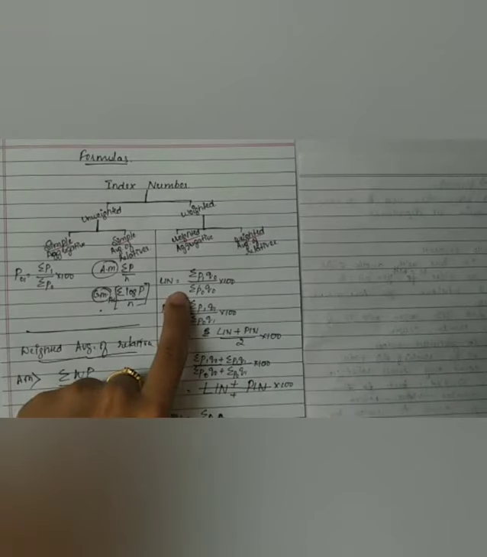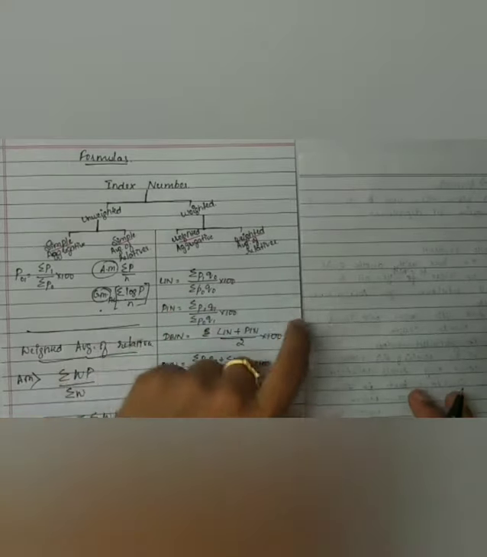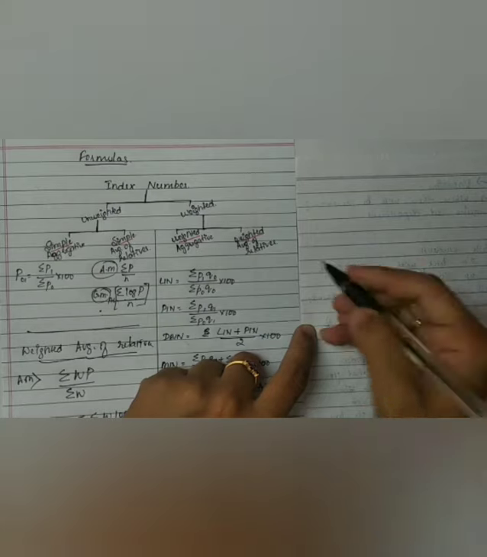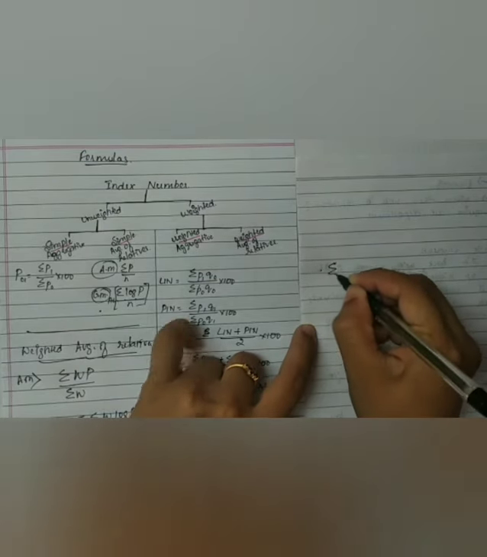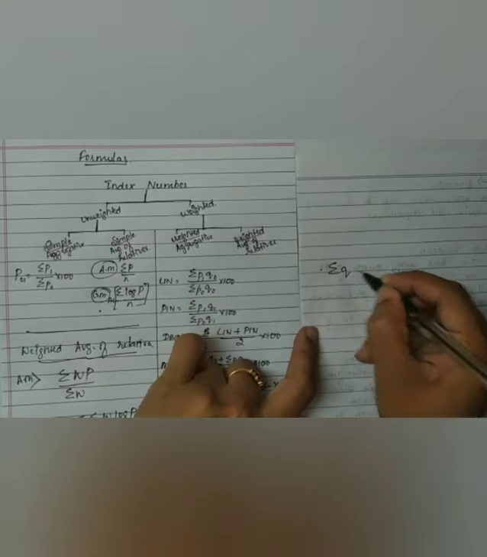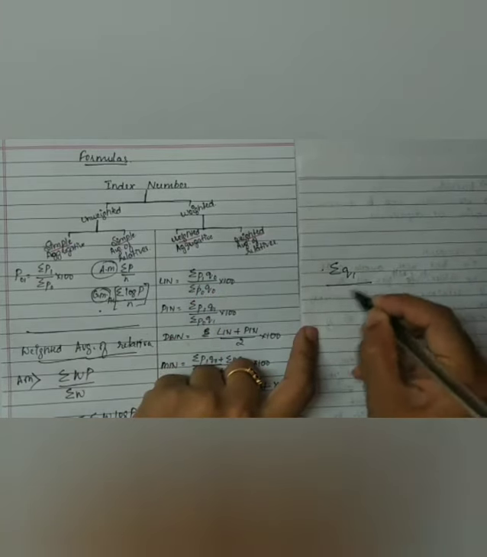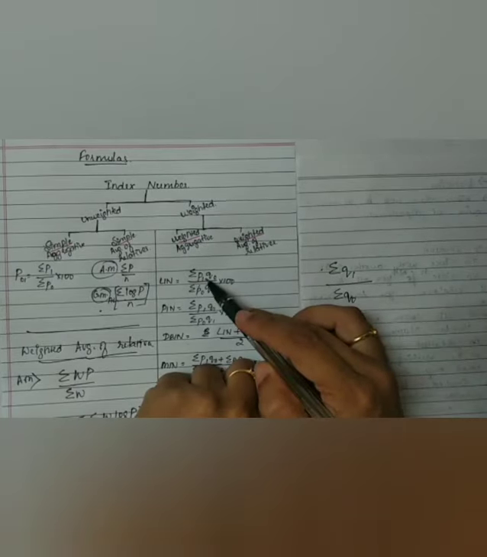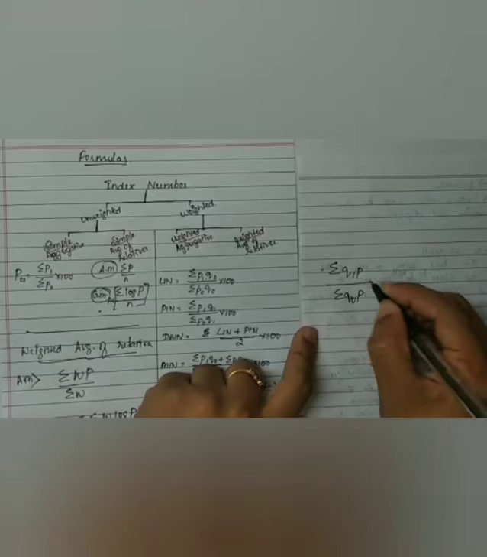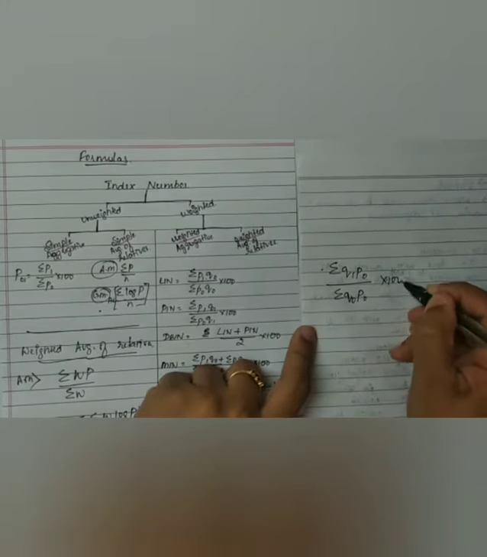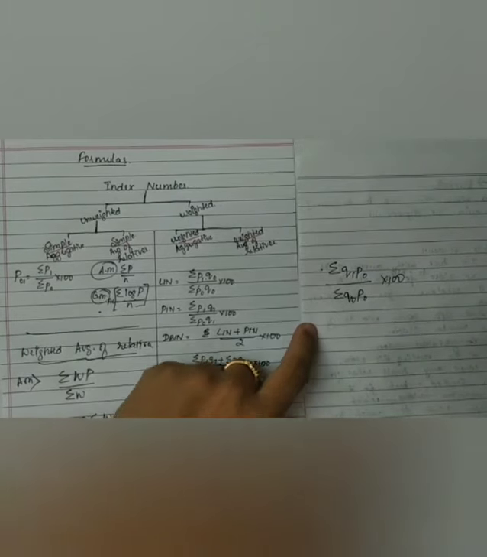So Laspeyres formula, when it is converted into quantity index number, last price quantity index number, it will be summation Q1 P0 over summation Q0 P0, in place of Q it will be P, and here in last price it is base year, right? Yes, got it.